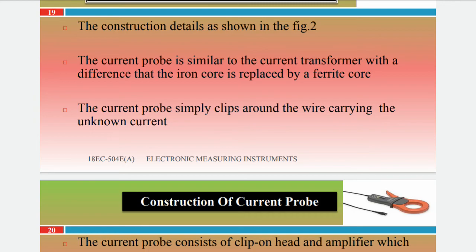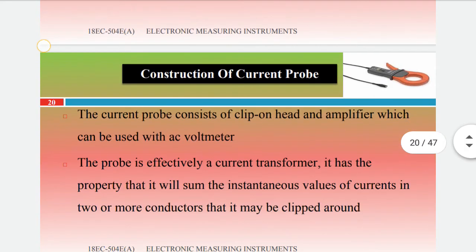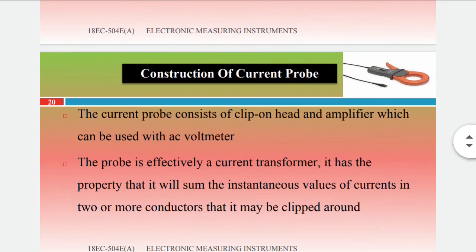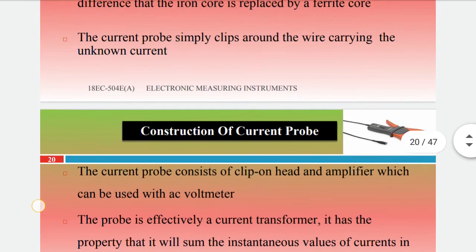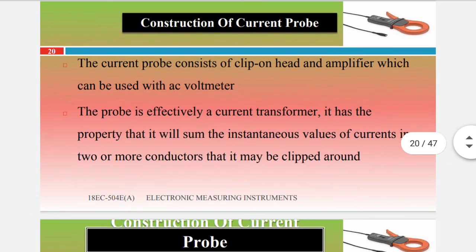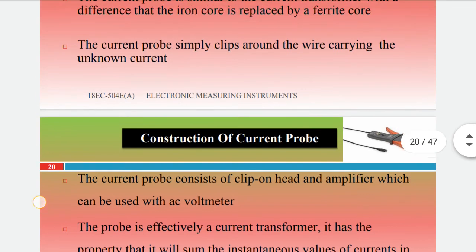Thus, the magnitude of current with a frequency range from DC to 50 MHz can be measured by using this probe. The current probe consists of a clip-on head, as you can see in the figure, and an amplifier which can be used with the AC voltmeter.